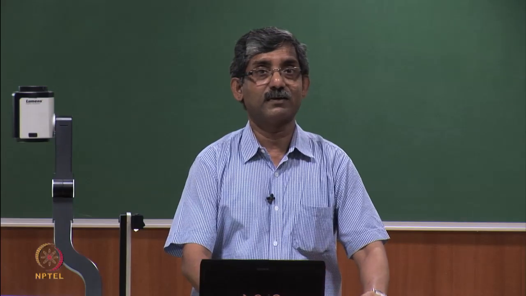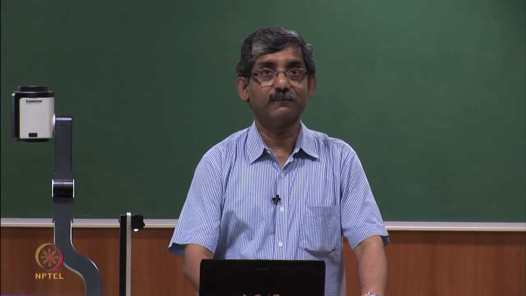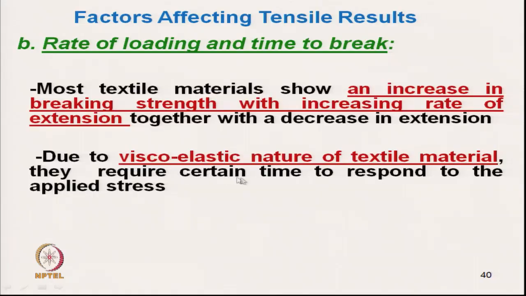Textile material is one of the most important viscoelastic materials. Due to the viscoelastic nature of textile material, they require certain time to respond to the applied stress. So, the rate of loading affects the response.